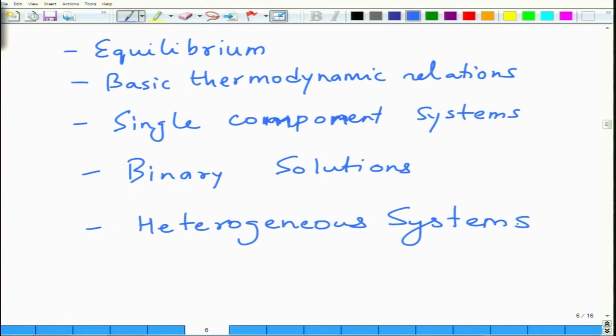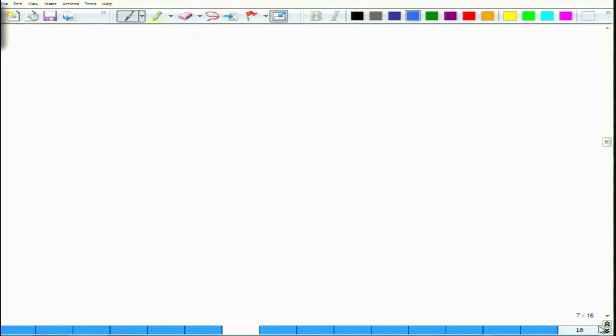The focus will be on understanding how the free energy changes as a function of thermodynamic parameters, which can help us explain the phase coexistence.